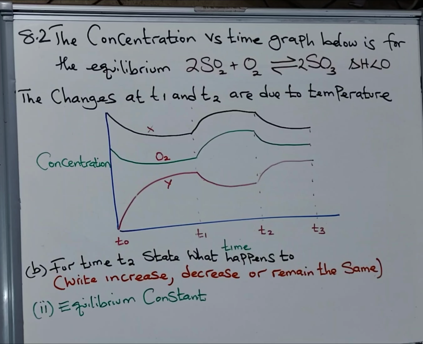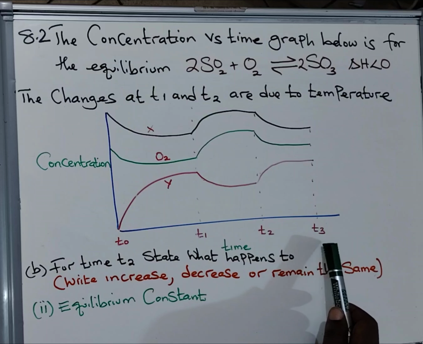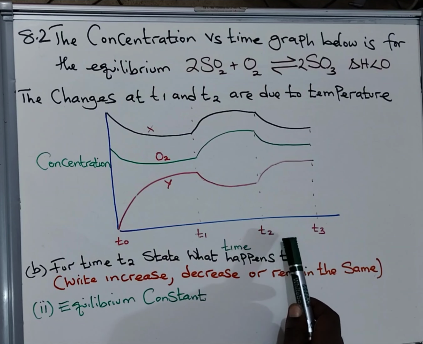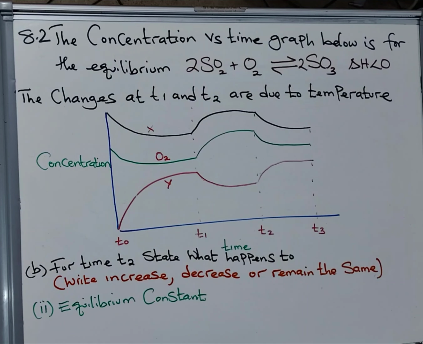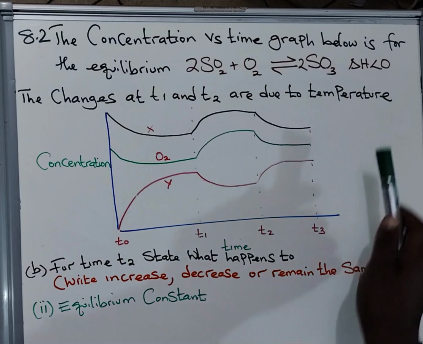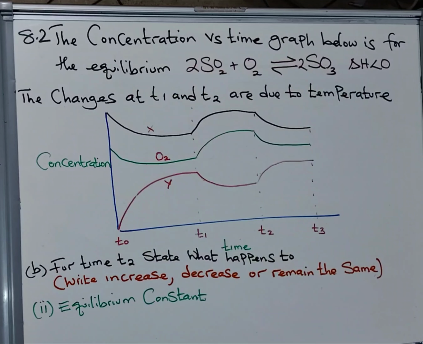Then we come to this question. State what happens to equilibrium constant. You need to know that what happened at T2, temperature decreased. And the decrease of temperature for an exothermic reaction, how does it affect Kc? You need to know that for exothermic, increase in temperature decreases Kc, and decrease in temperature increases Kc.